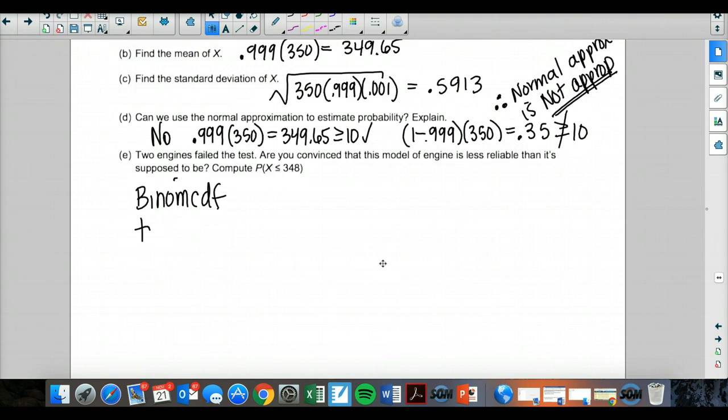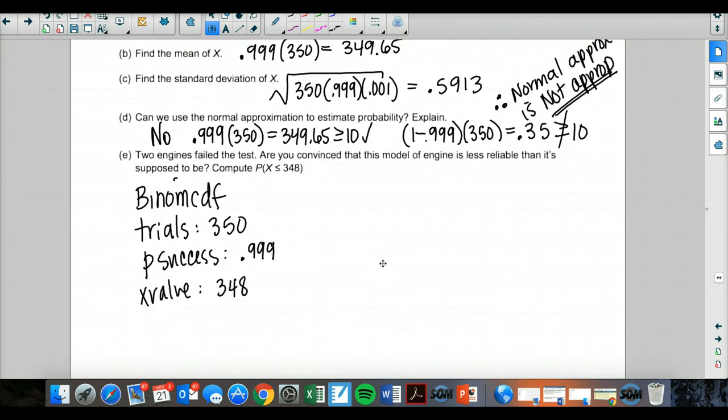My number of trials is 350. My probability of success is 0.999. My x value is 348. So 350, 0.999, 348. So there is a 0.0486 chance that this happened.